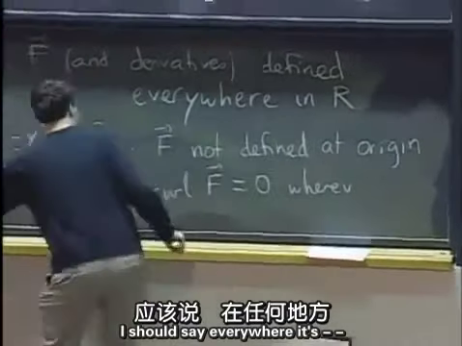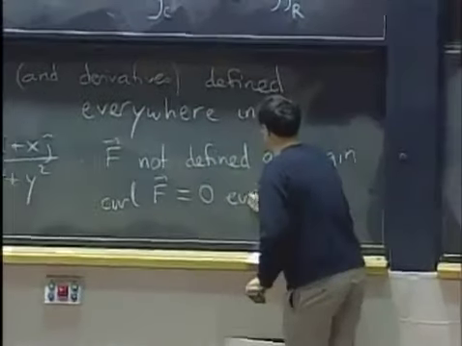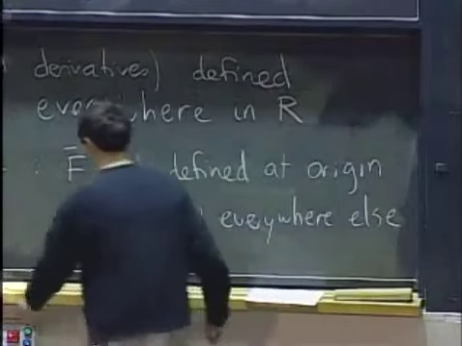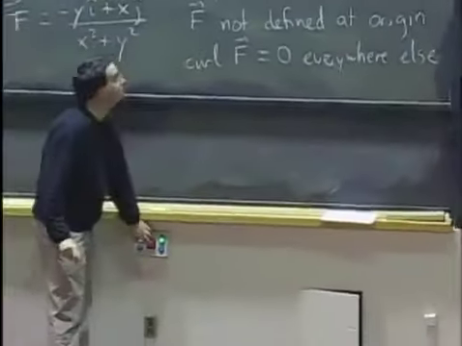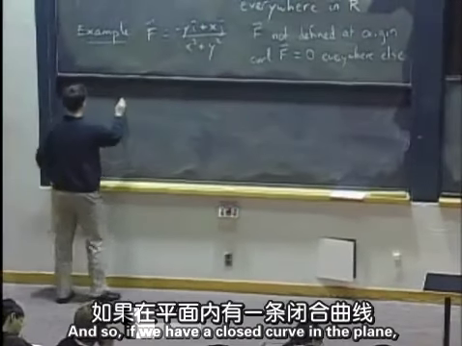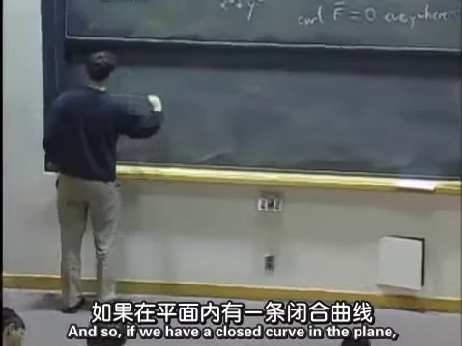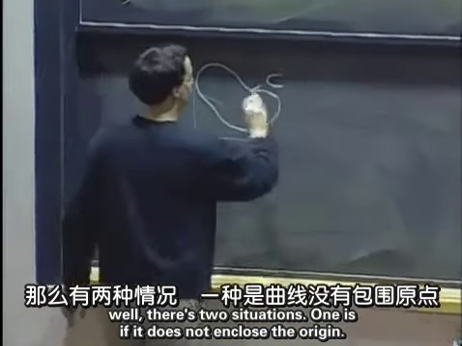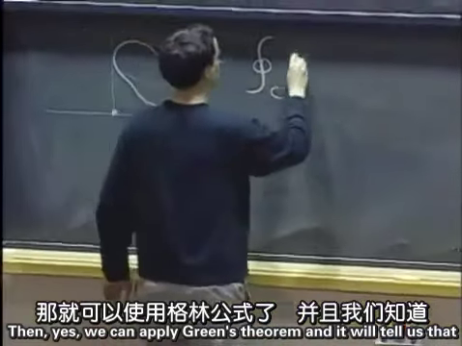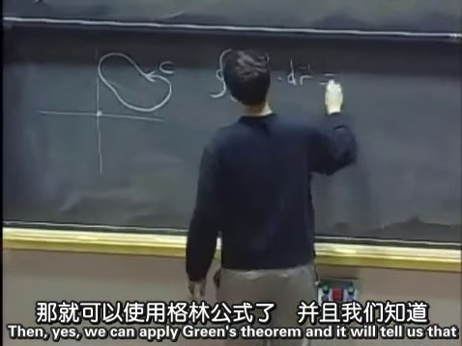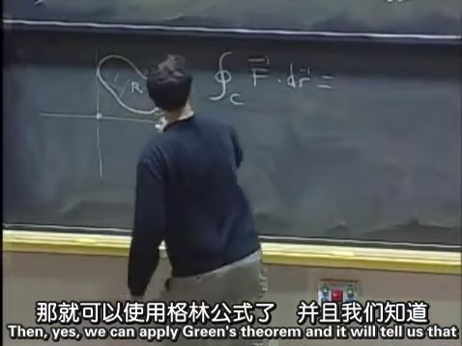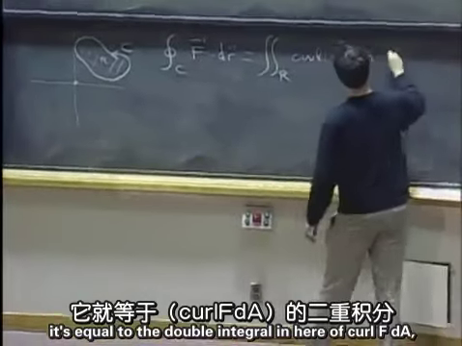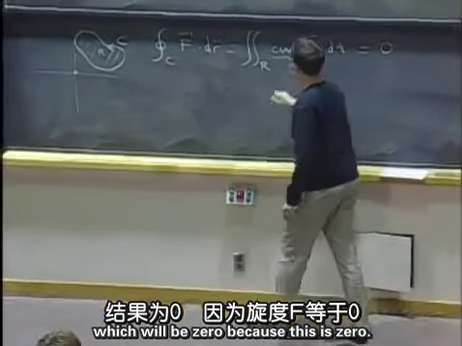So if we have a closed curve in the plane, there are two situations. One is, if it does not enclose the origin, then yes, we can apply Green's theorem, and it will tell us that it's equal to the double integral in here of curl F dA, which will be 0 because this is 0.